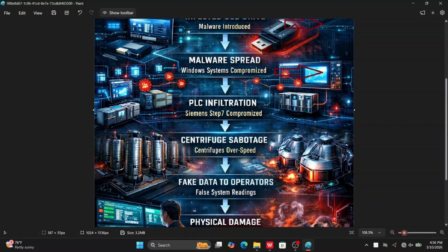So the next stage is PLC infiltration. After the PLC is compromised, when the malware discovers the correct industrial control system configuration, it moves to the next stage: sabotaging the centrifuges.